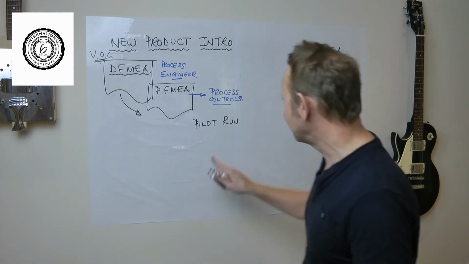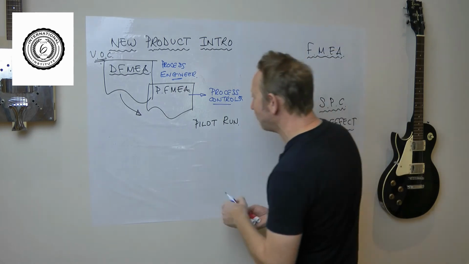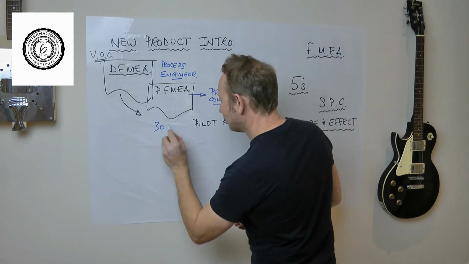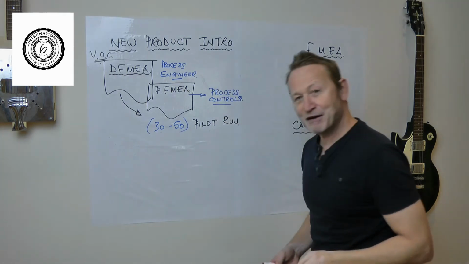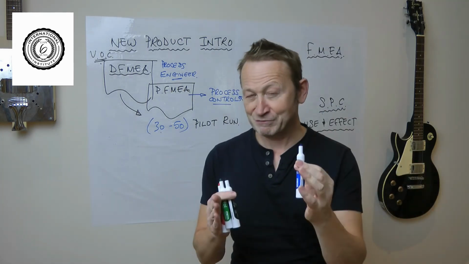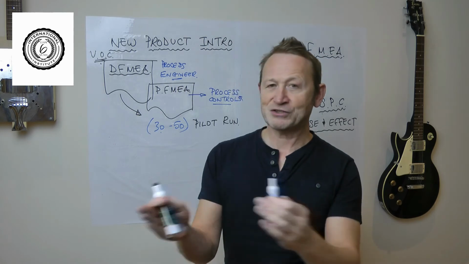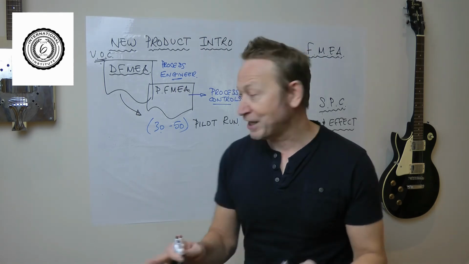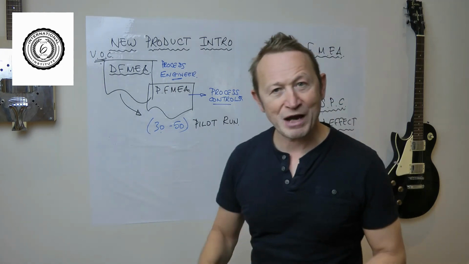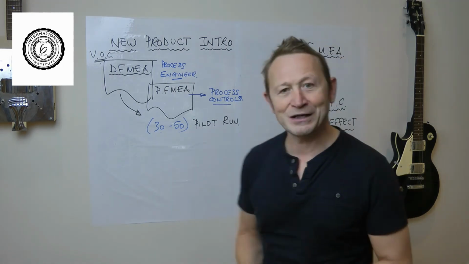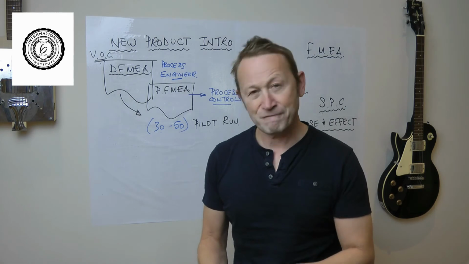First, your sample size calculator, because straight away it's got to be a minimum of 30 to 50, and might even be more than that if what you're trying to assess are pass and fail quality characteristics. The pilot run is going to use your sample size calculator, at least 30 to 50.